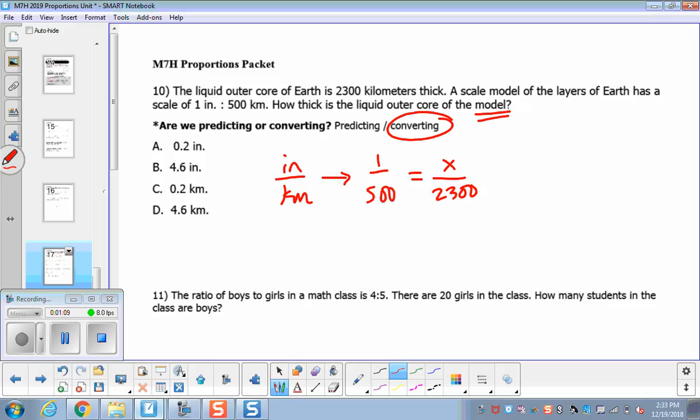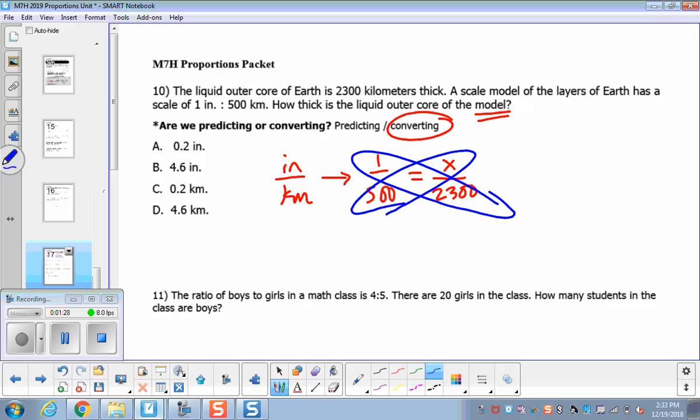At this point, we can cross multiply and divide. Some of you are going to take the 2,300 and divide it in your calculator by 500 to get the scale factor. And if you do that, that's totally fine.